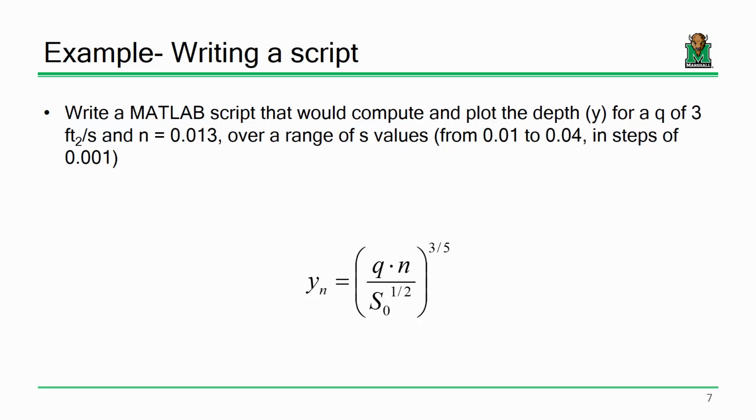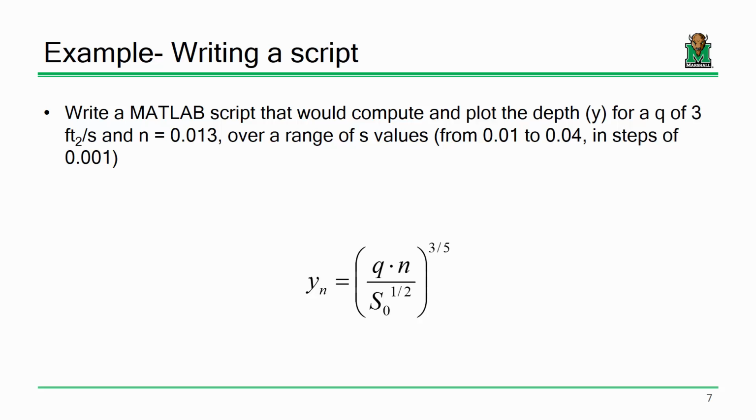And there's going to be some synthesis as well. It's not just about interpreting and being able to just regurgitate definitions, but in this case, this is a function that's used in hydraulic engineering to predict what the depth of flow in a channel would be.